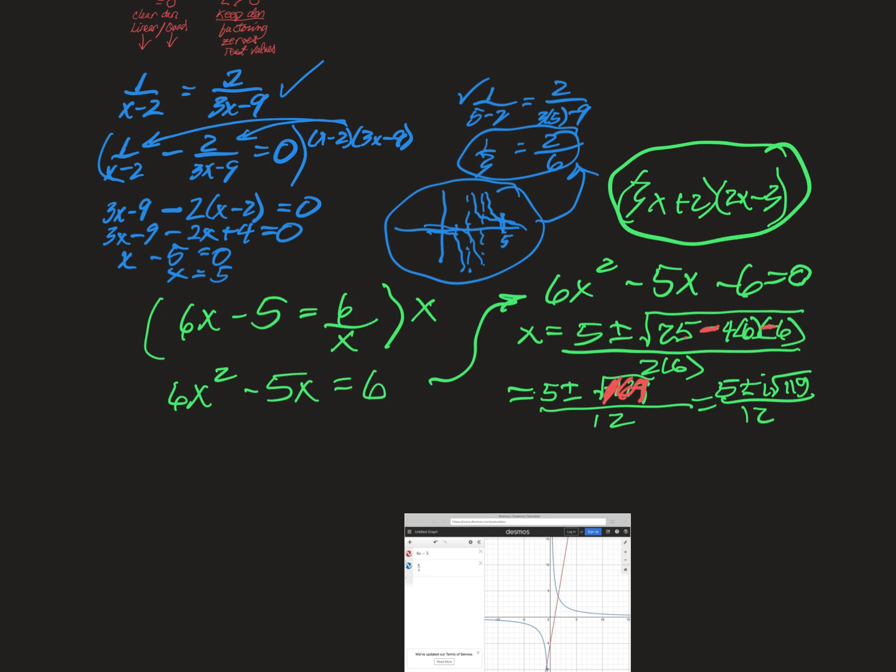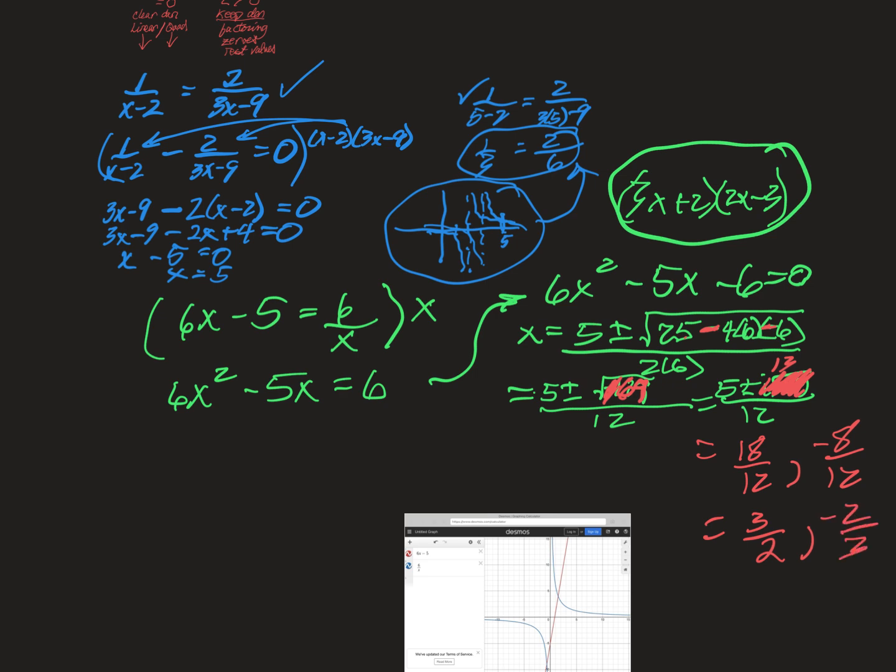And the square root of 169 is 13, so it's not a complex solution. So I have 5 plus 13, which is 18 over 12, and I have 5 minus 13, which is negative 8 over 12. And those were the two answers I got by checking.